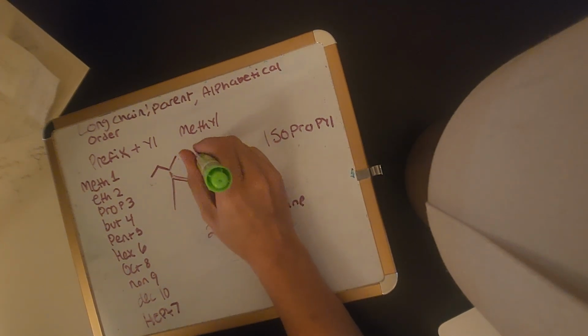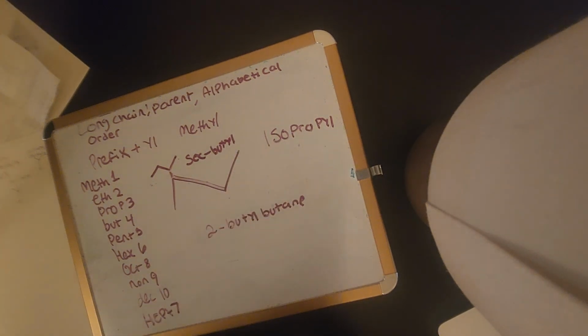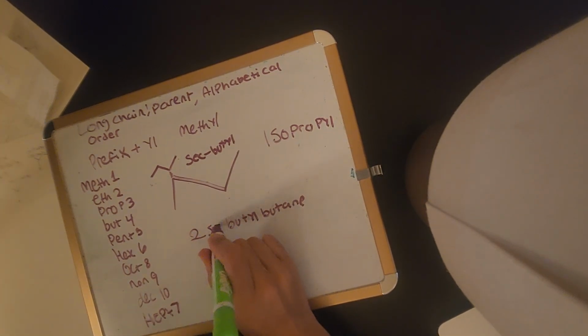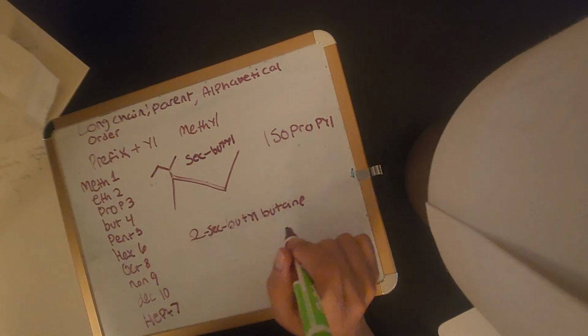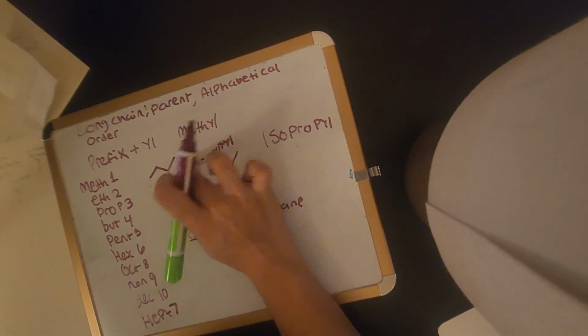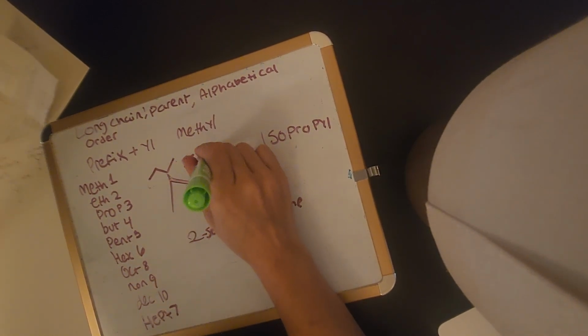This is called a sec-butyl. So this is now a 2-sec-butylbutane. You can also have an isobutyl.